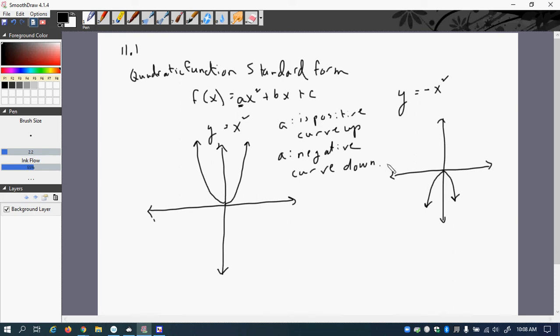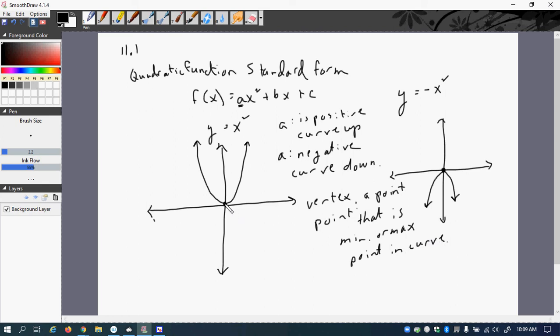Also, in that section we talk about the word vertex point. Vertex point is right here. It is the lowest and the highest point in the quadratic. So vertex point is a point that is the minimum or maximum point in the curve.